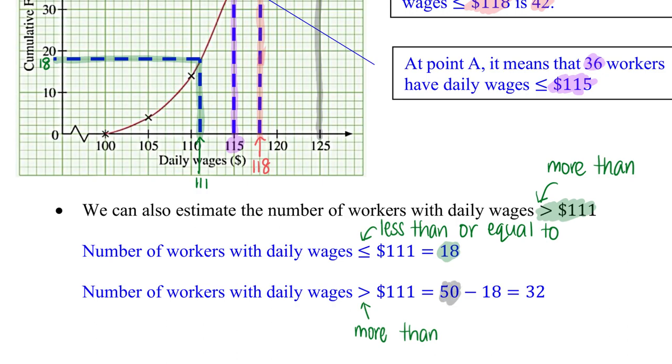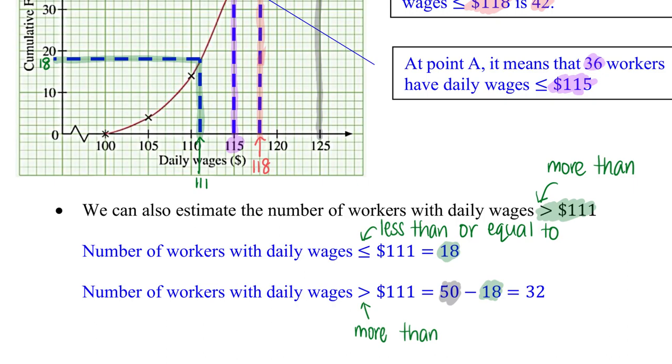We know altogether there are 50 workers, out of which 18 have less than or equal to 111. This means that if I minus, I will be able to get 32. So there are 32 workers whose wage is more than 111.